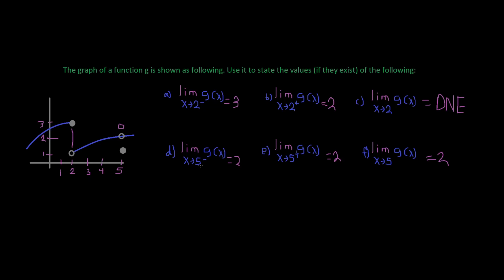So just take note of that. We know that g of 5 is not equal to 2, so for the given point, it does not equal 2. But for the limit, it equals 2.